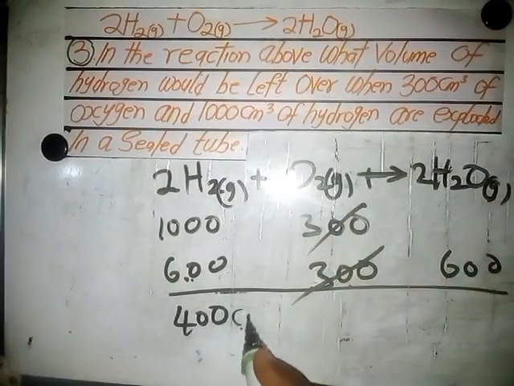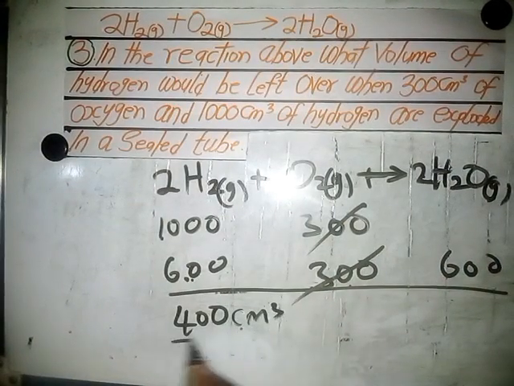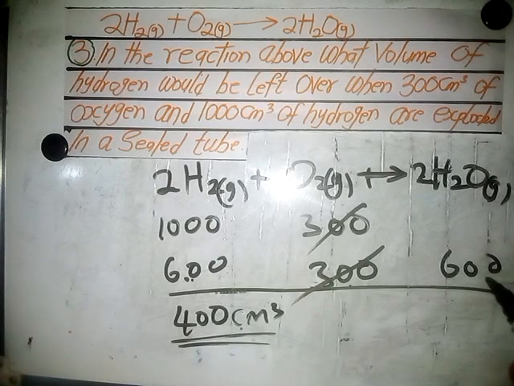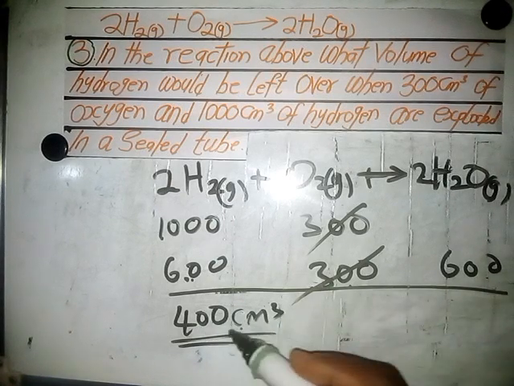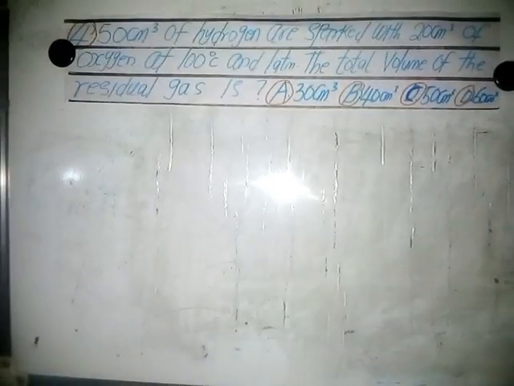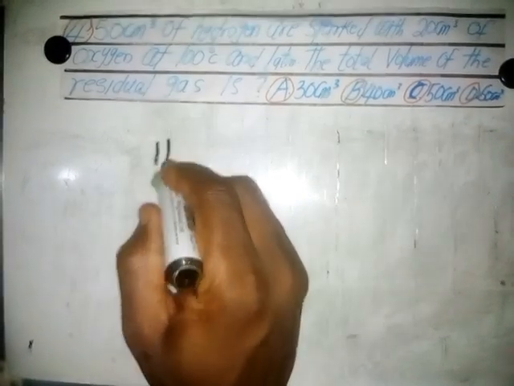So the volume of hydrogen that will be left over is 400. As usual, if they said, what is the volume of the residual gas, I would add this product plus this one. But since you are not asked for that, this is your final answer. Look at this next question. It is between hydrogen and oxygen.